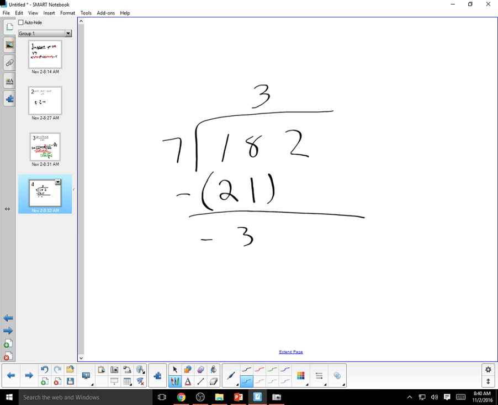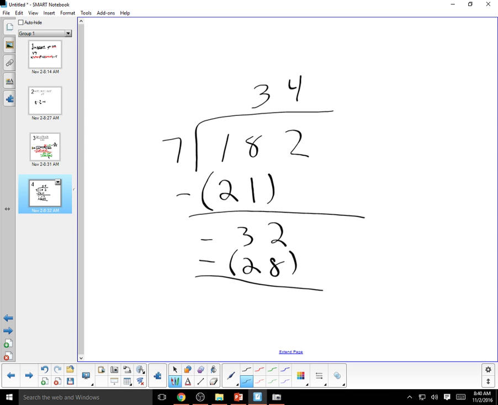You'd have to bring down the 2. 7 goes in 32. How many times? 4. Is it 4? 4, you would get 28. And what's negative 32 minus... Humor me.